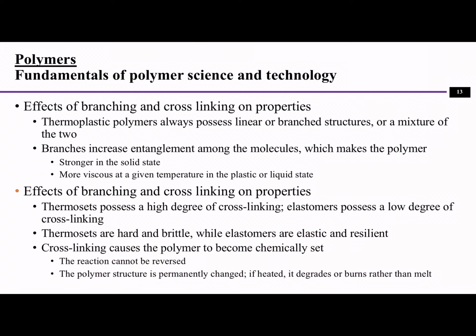So thermoplastic polymers, commonly we can see PET, HDPE, LDPE, those kinds of polymers always possess linear or branched structures, or sometimes a mixture of the two. And when the branches increase, it will make the polymer stronger in its solid state. It also will be more viscous at higher temperature when it's converted to liquid state.